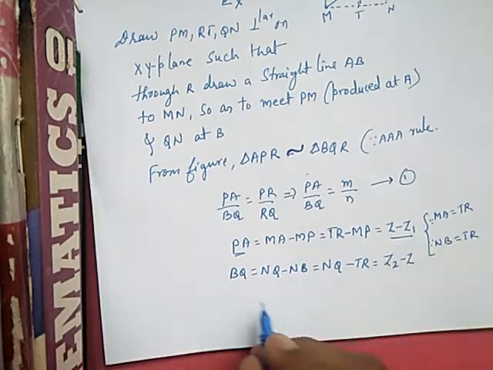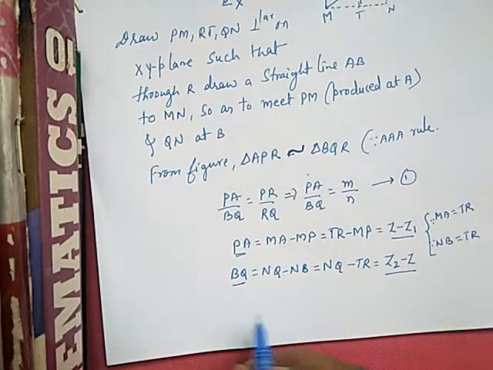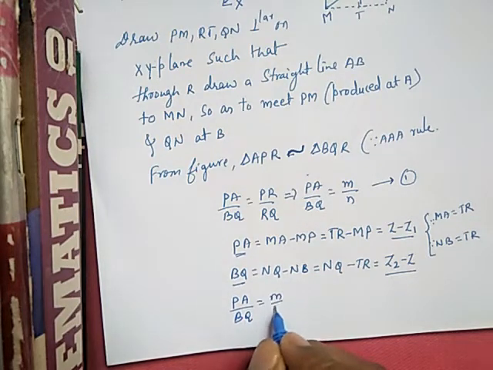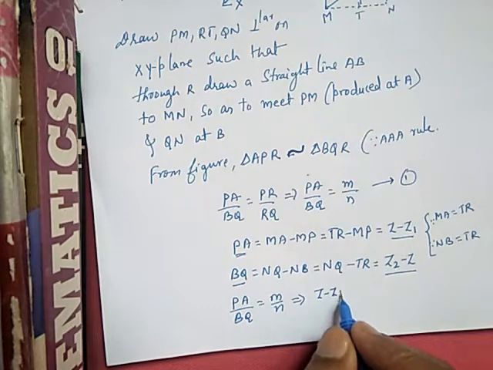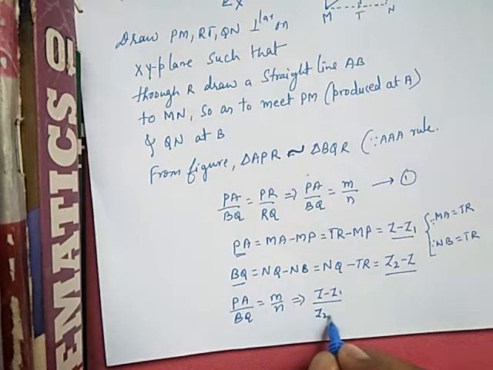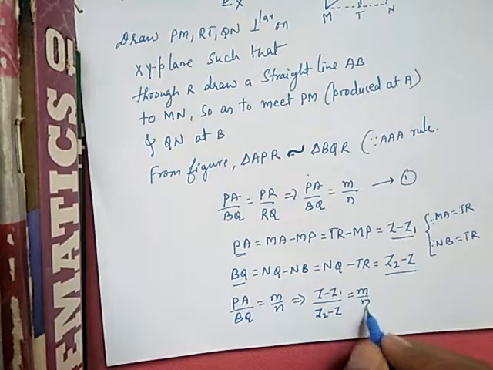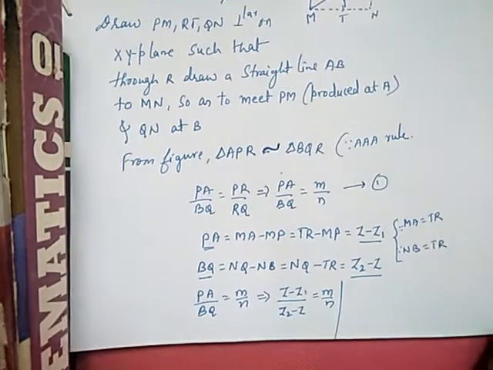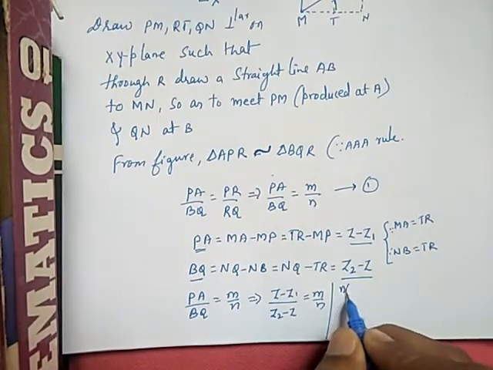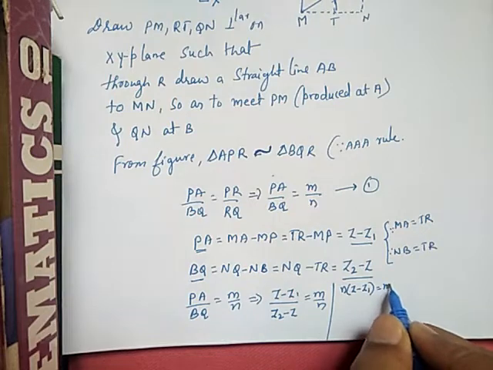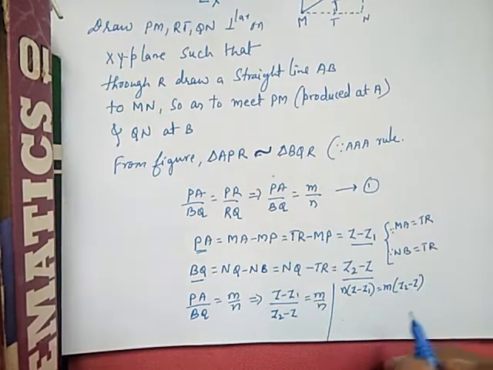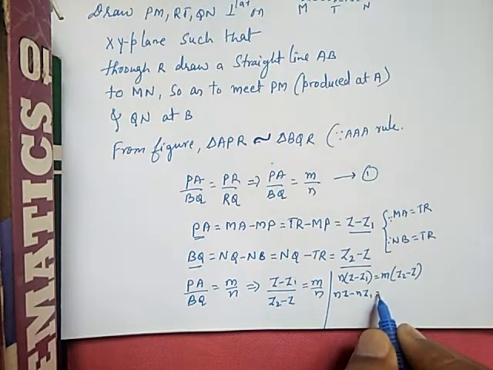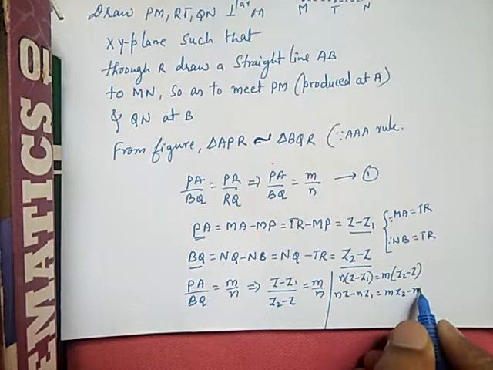PA is nothing but Z minus Z1, BQ is nothing but Z2 minus Z. If you take PA by BQ is equal to M by N, it implies Z minus Z1 divided by Z2 minus Z is equal to M by N. If you cross multiply, you will get N into Z minus Z1 is equal to M into Z2 minus Z. After simplification, you will get NZ minus NZ1 is equal to MZ2 minus MZ.